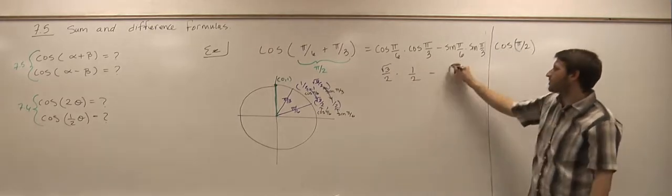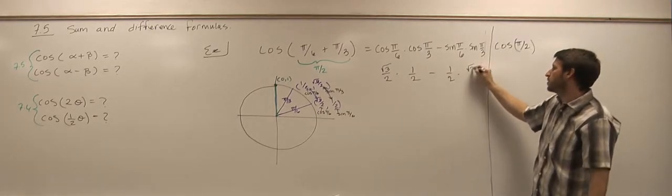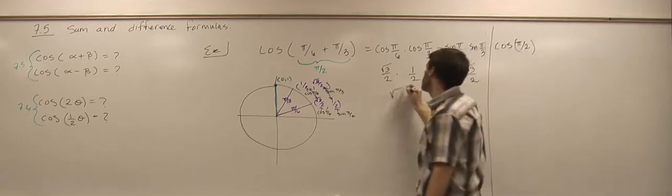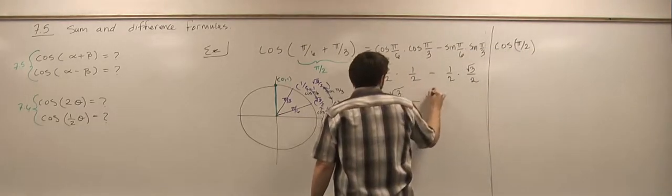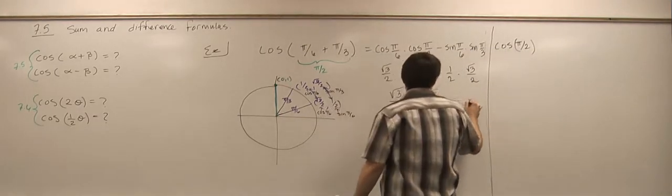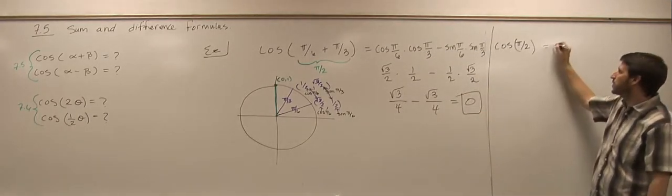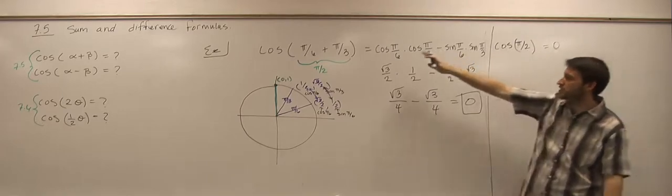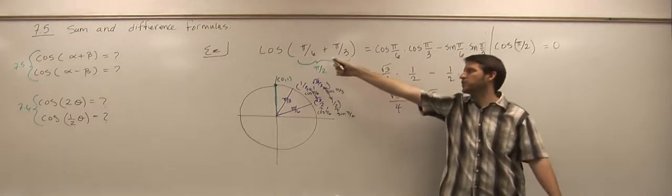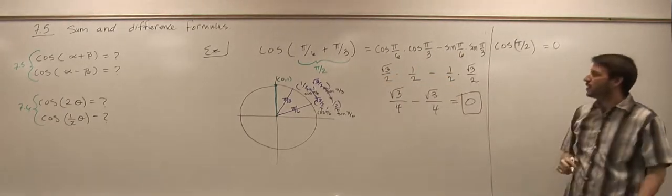This would give you 1/2 times root 3 over 2, which would give you root 3 over 4 minus root 3 over 4, which is exactly what we want. We already knew the answer we were looking for in this case because we could check it by saying this is pi over 2, cosine of pi over 2 is 0.